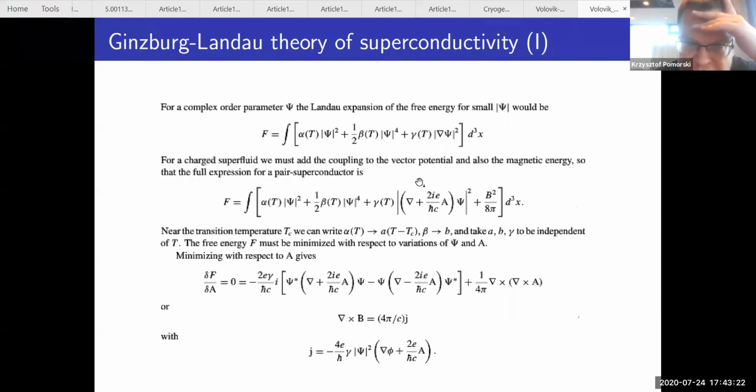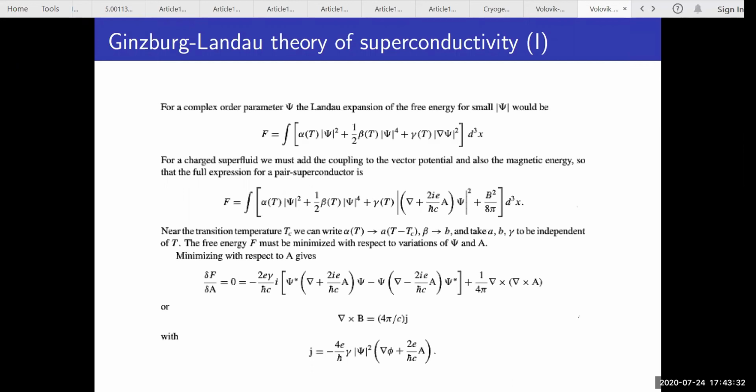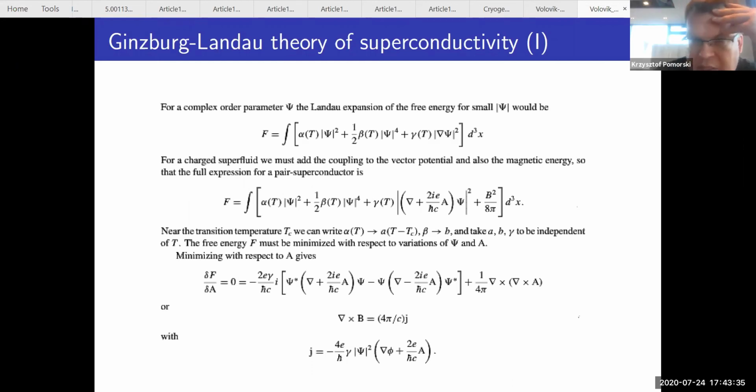So it's not surprising to construct such a methodology of free energy. There's also the presence of a vector potential and a magnetic field, and now you need to compute two functional derivatives of the functional with respect to the superconducting order parameter.